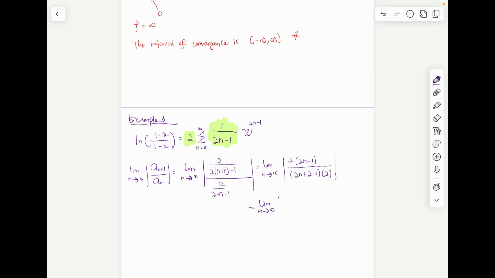Simplify first, you get 4n minus 2 over, or maybe you want to directly cancel out the 2 and 2. So you have 2n minus 1 over 2n plus 1. Okay, so you can solve for the limit.